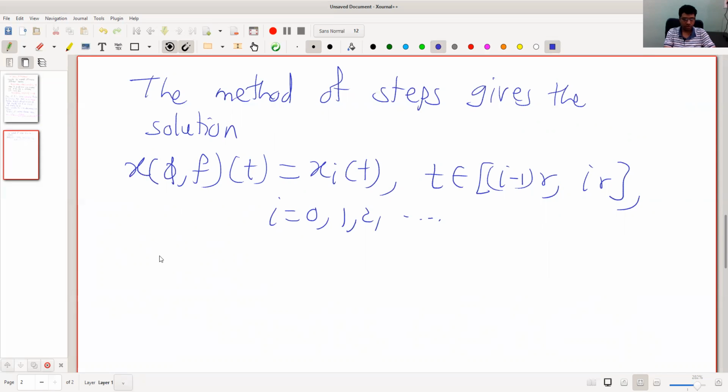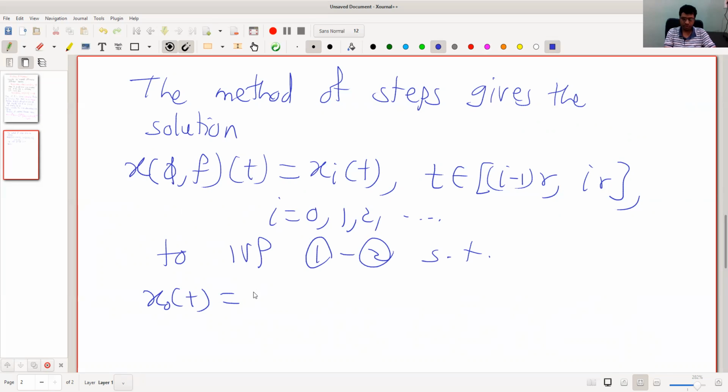Use the solution to IVP 1, 2 such that x0 of t, here t belongs to minus r to 0. If we put i equal to 0, then the interval is minus r to 0.